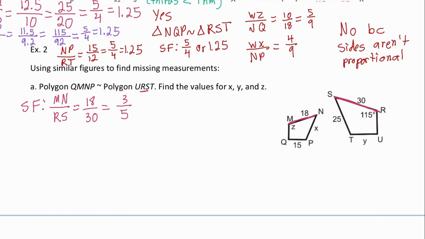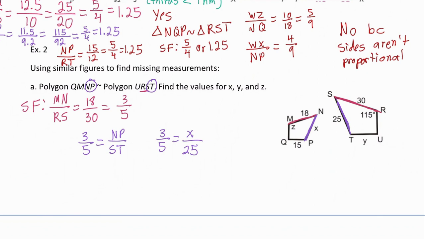And so then we can go ahead and set up the ratio for the other sides. So I'm going to start by finding X. So X is NP, and NP is going to correspond to ST. So again, we'll take our ratio 3/5, and that's going to be the same thing as taking NP over ST. So 3/5, NP is X, and ST is 25.